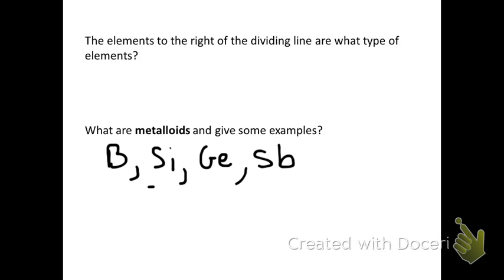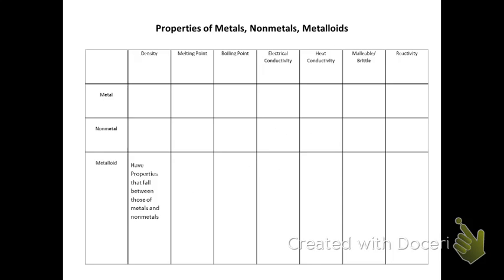Now these 2 right here, silicon and germanium, are the 2 most commonly tested metalloids on any chemistry exam. So make sure you definitely know those 2 really well. Alright, so let's look at properties between metals, nonmetals, and metalloids. And fill in this table here.